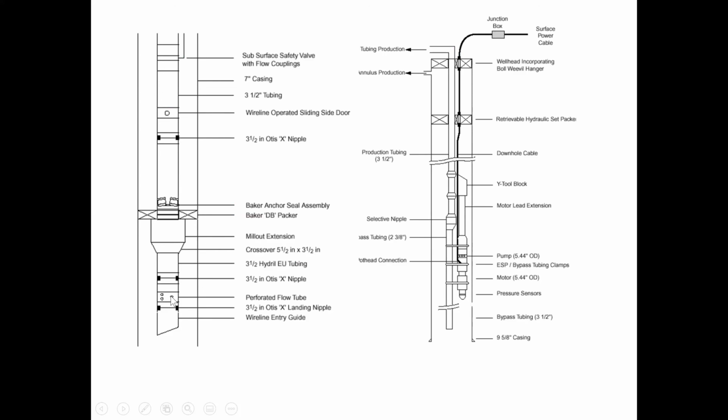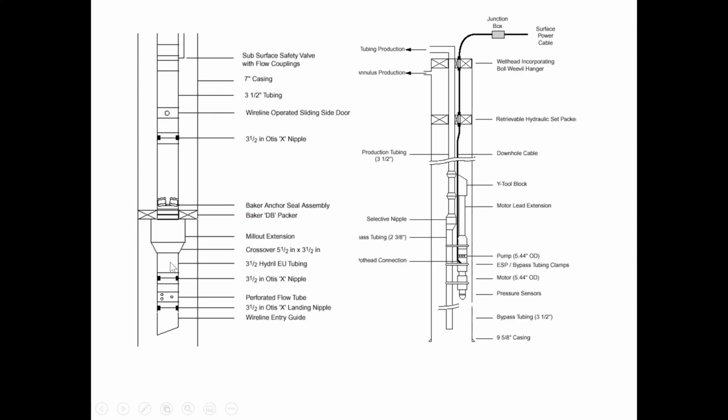Then we have a perforated flow tube, so the flow can come from the bottom here and then come through this flow tube. Move on. And then this is the pressure isolation, tubing isolation valve.